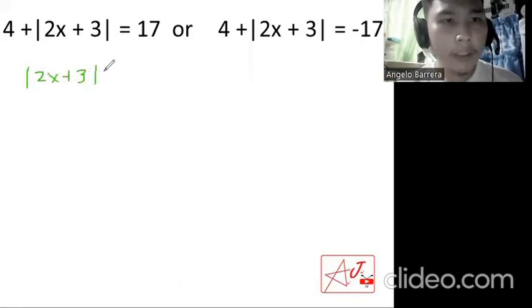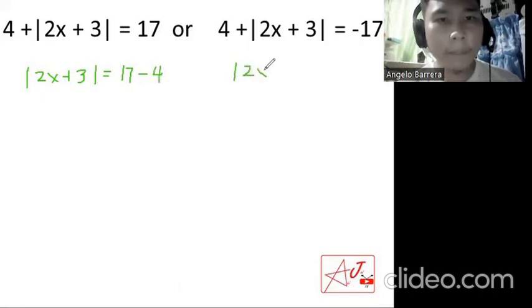And then, kunin lang natin yung opposite side ni positive 4, which is negative 4. Ayan. So, ganun din dito sa kabila. So, absolute value of 2x plus 3 is equal to negative 17. And then, ang opposite ni positive 4 ay negative 4.